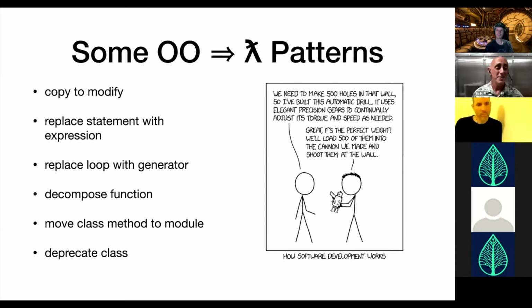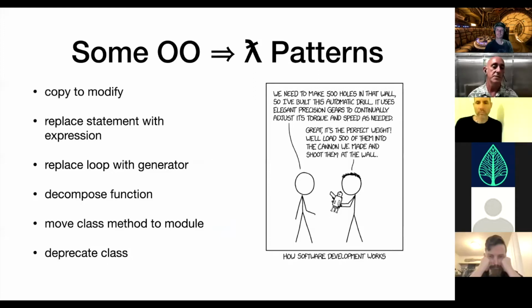But I've found that there's about four patterns that I use every single day in every bit of code that I write when I'm refactoring or improving my code. And there's a couple more that just happen to be object-oriented specific. So I'm going to talk about the four big ones. And keep in mind, this doesn't matter if you're object-oriented or not, you can start doing some of the things in all of these patterns to make your software provably better.